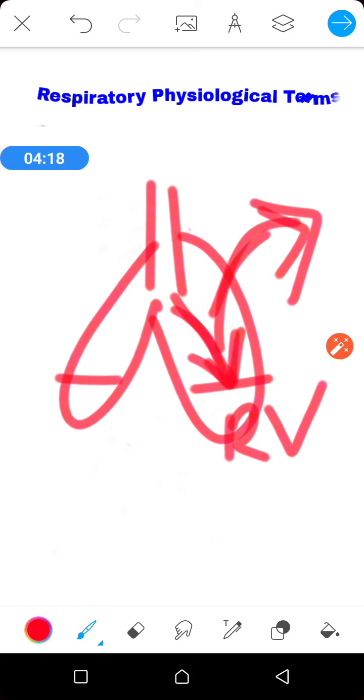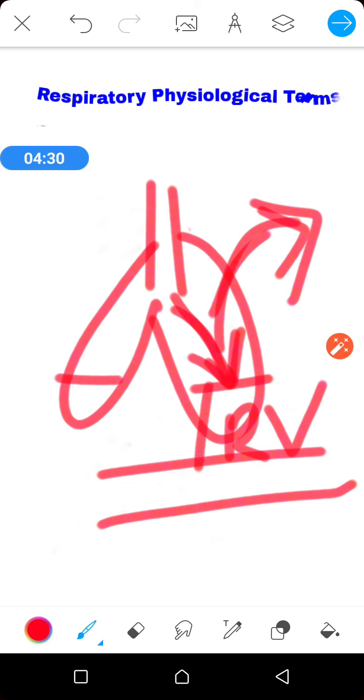Then there is the residual volume, which is allowing the continual gas exchange. That means there are blood vessels near the alveoli, and the oxygen comes inside the blood capillaries. So the oxygen inside this residual volume is going to the blood vessels. That means residual volume is taking part in the exchange of gases.